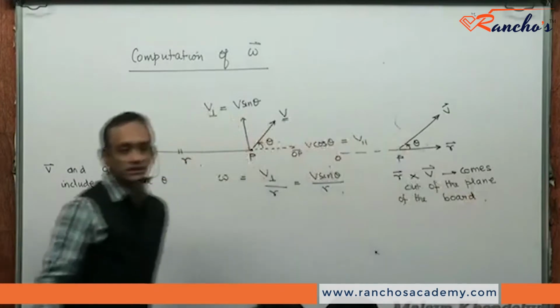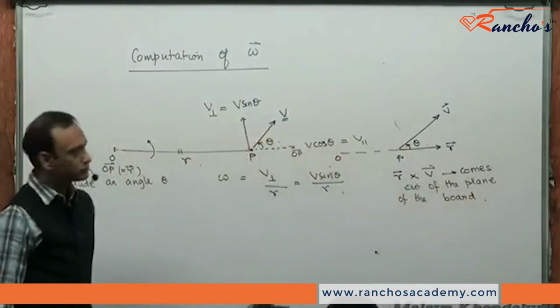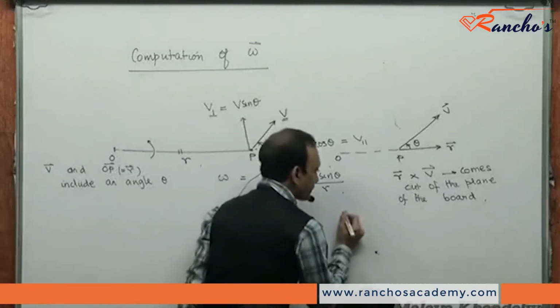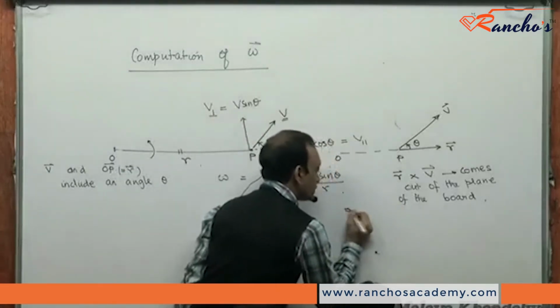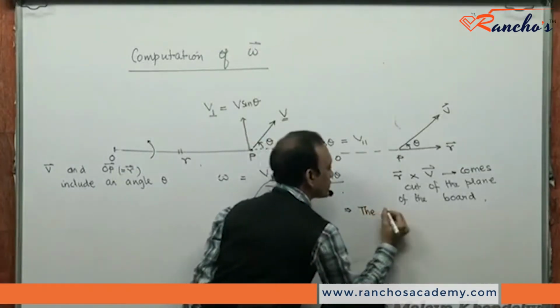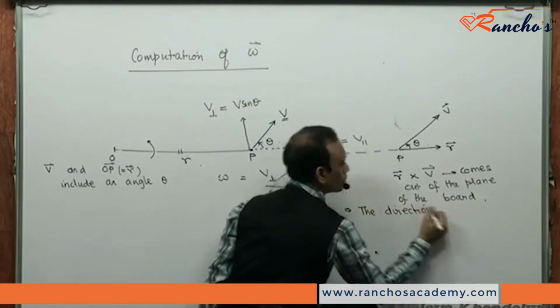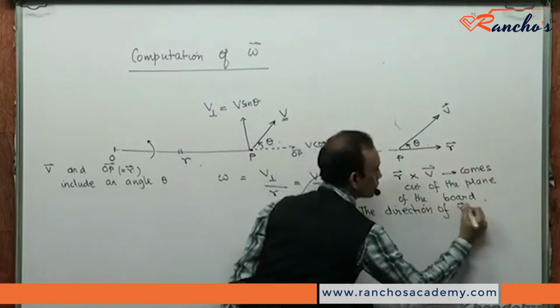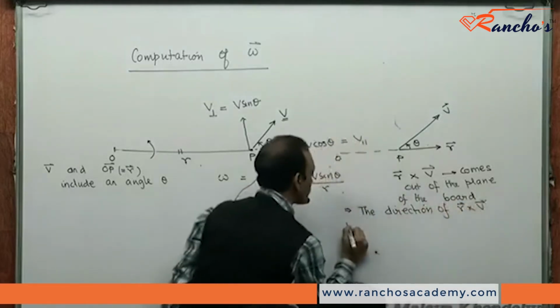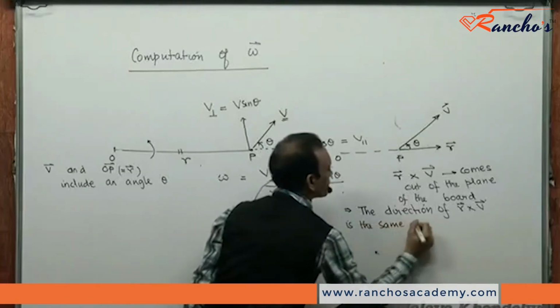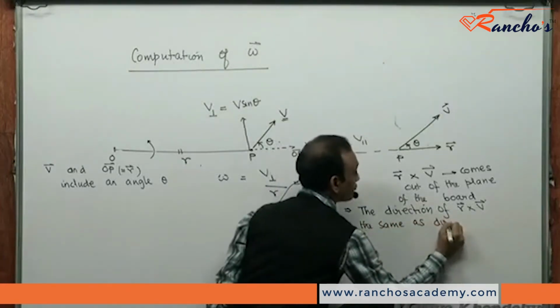R cross V comes out of the plane of the board. Which means the direction of R cross V is the same as the direction of omega.